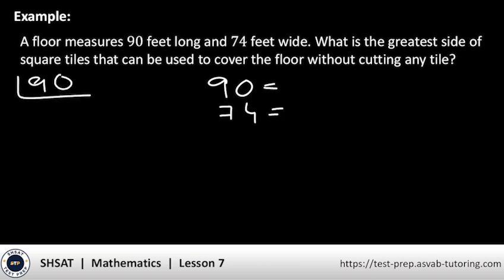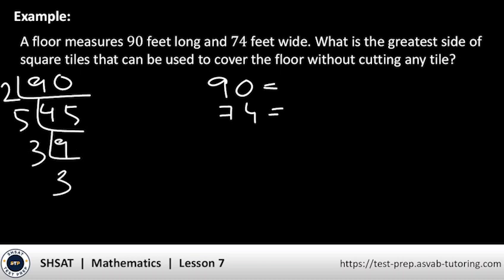So if I do 90 here, it's 2 and 45. Now I can take 5. So that's 5 and 9. And then that's 3 and 3. So for 90, that's 2, 5, 3 and 3. Now let's do 74. Let's do 2 first.